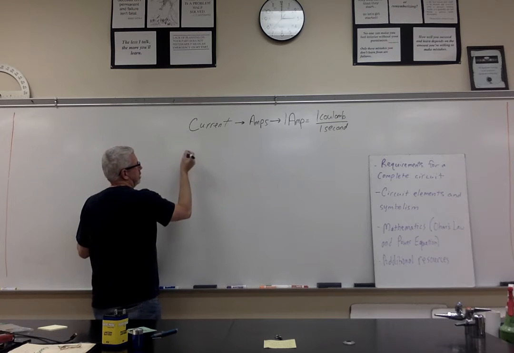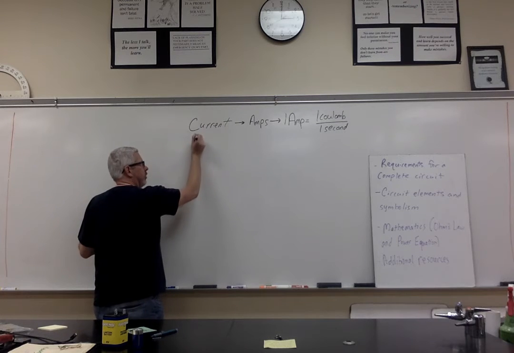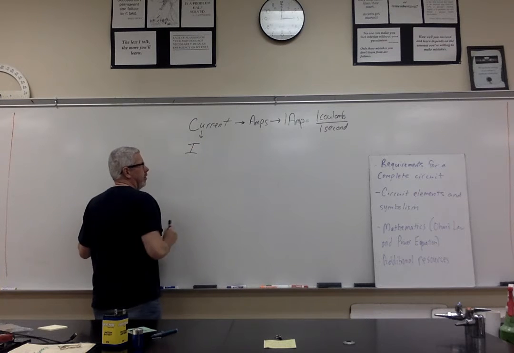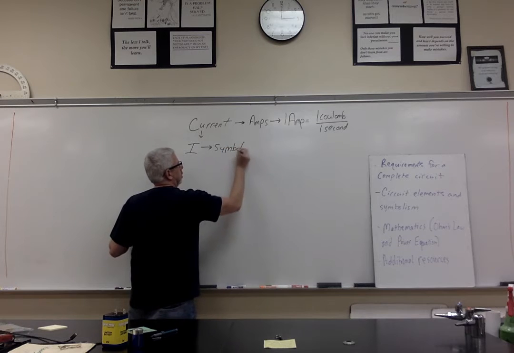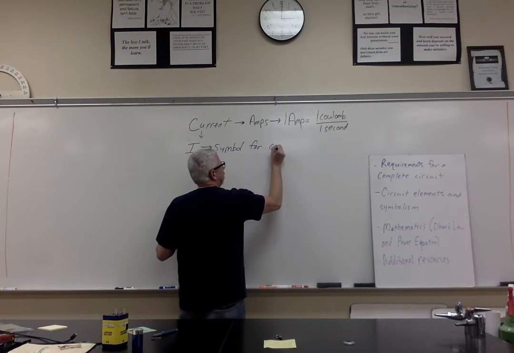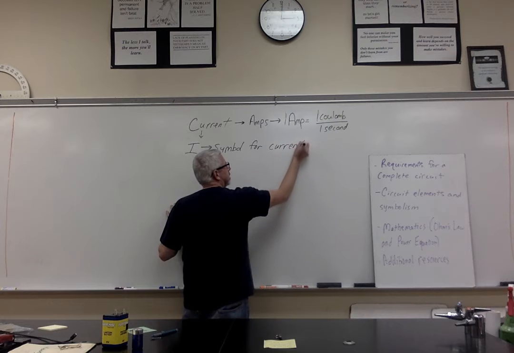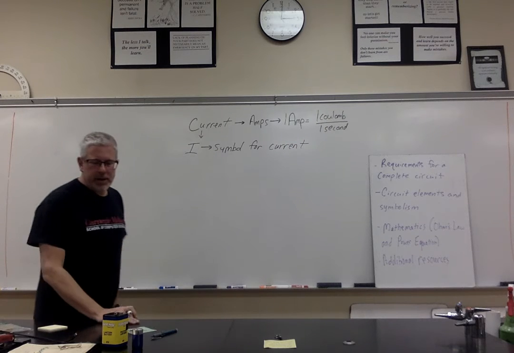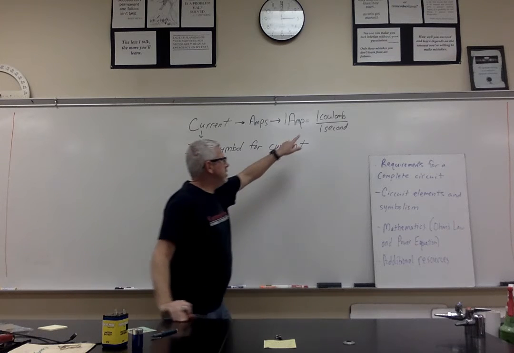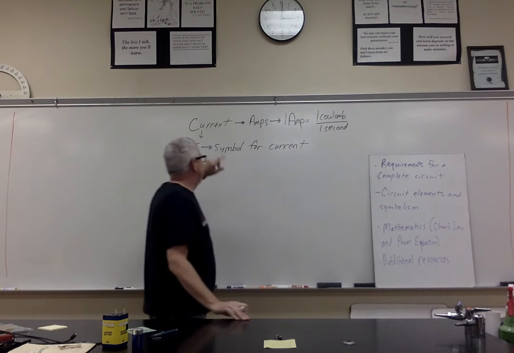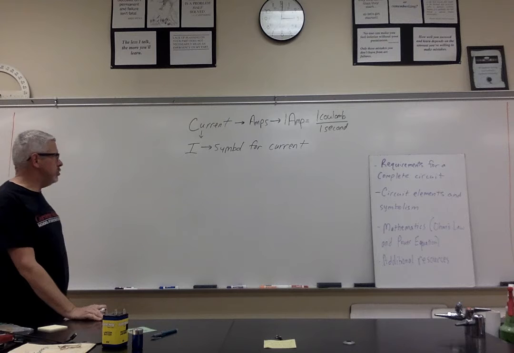Now, current is measured in amps, but the symbol for current, which is a little bit odd, is I. That's the symbol. You could ask me why that is, and I could BS my way into thinking that I remember that. I don't. I do know that since C is the symbol for coulomb, you wouldn't want current and coulomb to be confused.